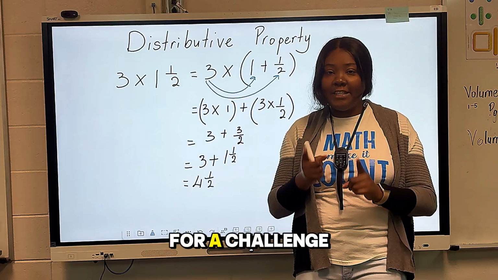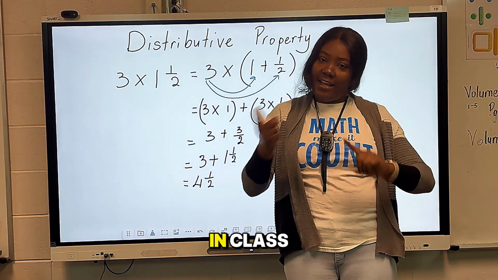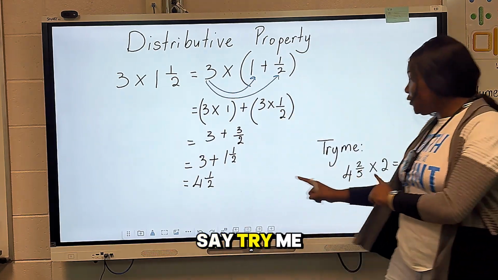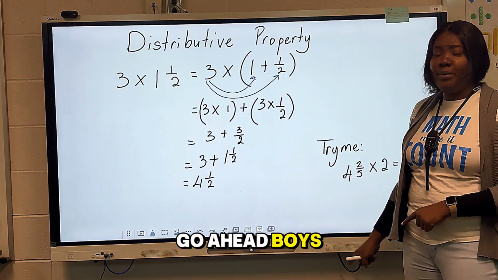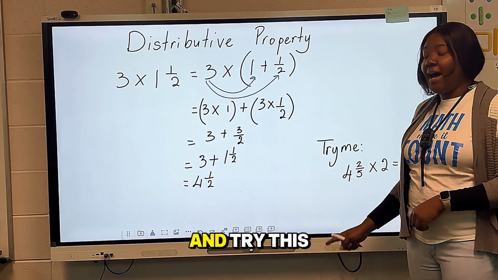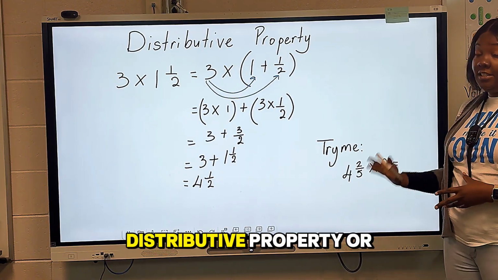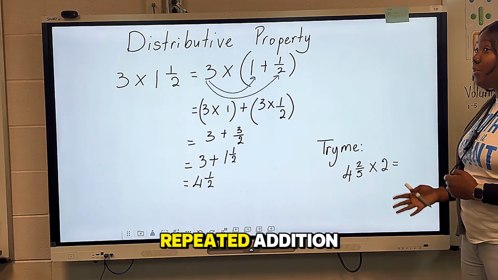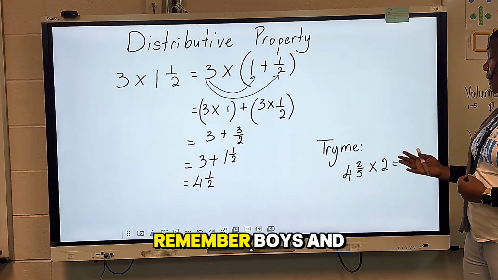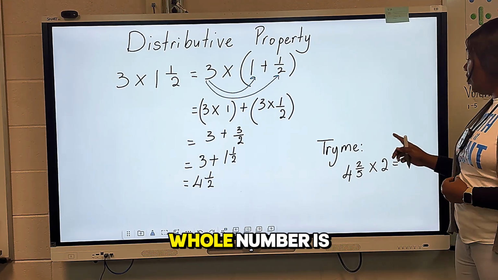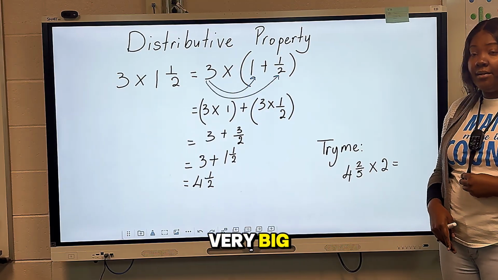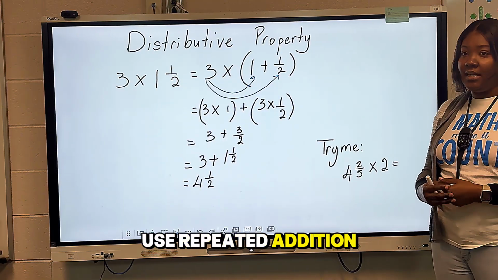Are you ready for a challenge, boys and girls? In class, what do I say? Try me. Go ahead, boys and girls, and pause the video and try this question. You can choose to use the distributive property or repeated addition. Remember, boys and girls, if your whole number is very big, then you cannot use repeated addition.